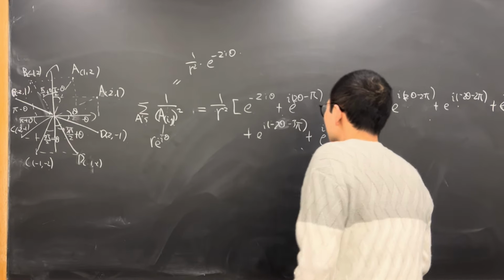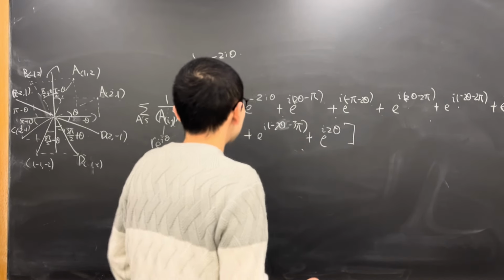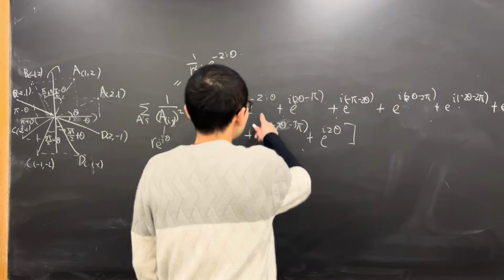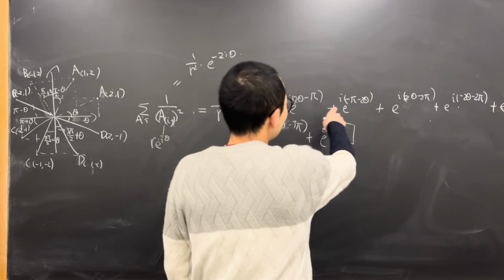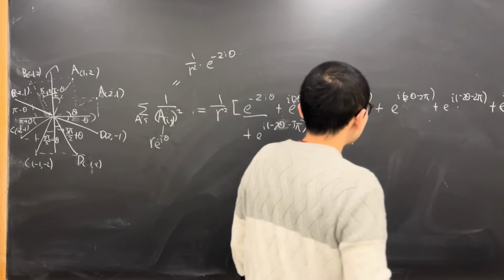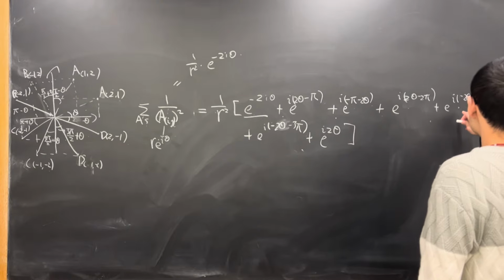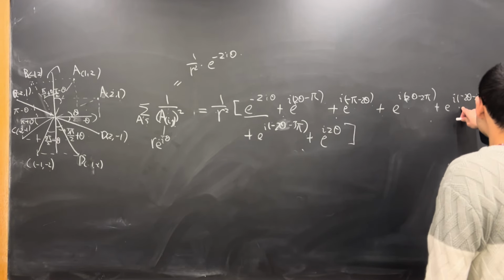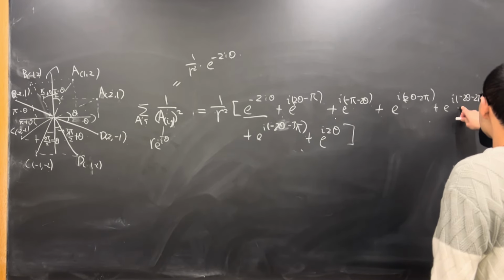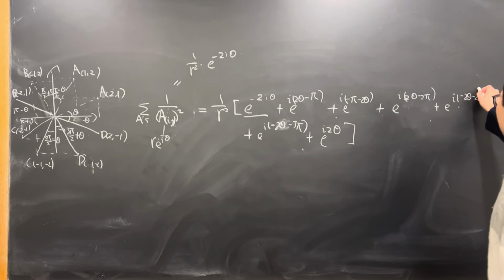Let's try to compute this one. We have negative 2i theta and another negative 2i theta here, and the 2 pi i terms cancel out.